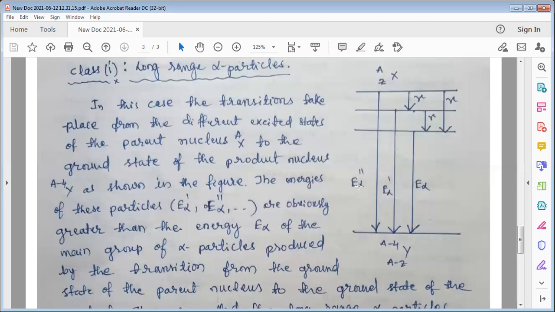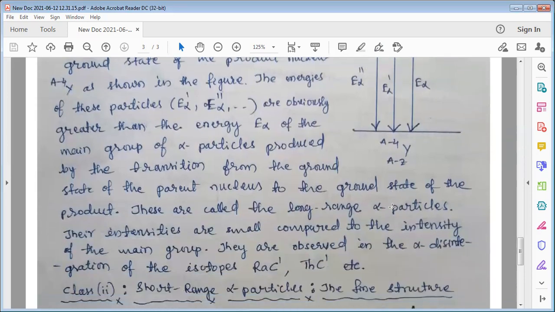And these other transitions, even though they are possible, their probability is very, very less as compared to this transition. So that is why the alpha particles which have higher energy than the mainstream alpha particles will generally be less in number.